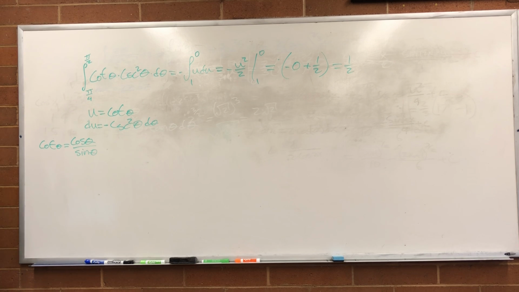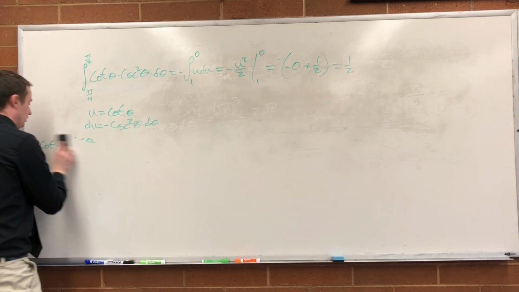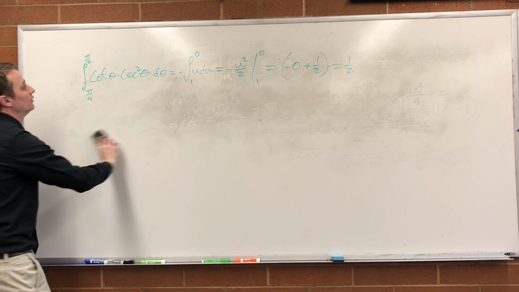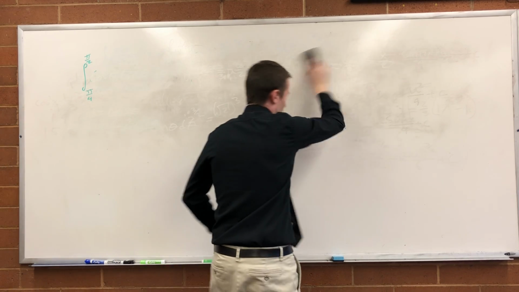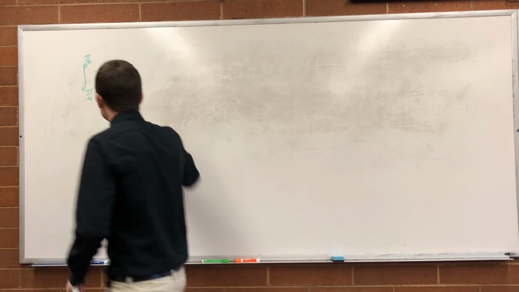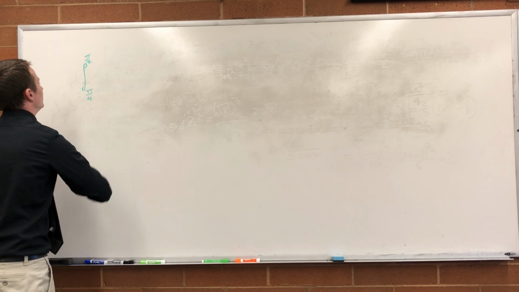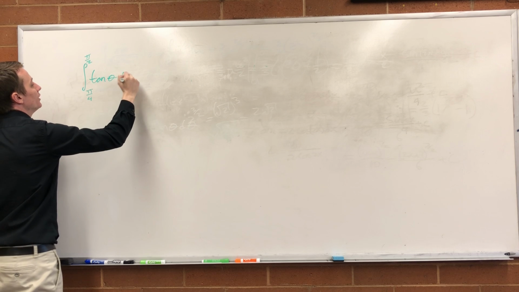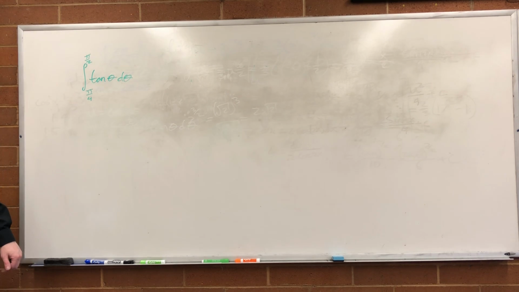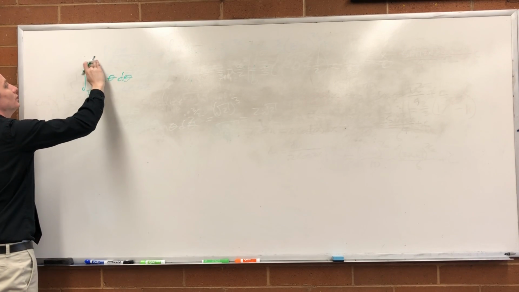Now they want to find the integral of tangent. And notice that a derivative of a trig function doesn't give us tangent, so we're kind of stuck. What are our bounds? Negative pi fourths to pi fourths.